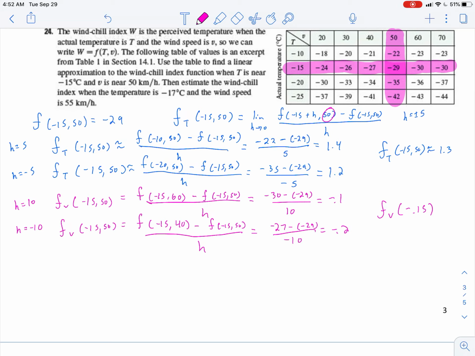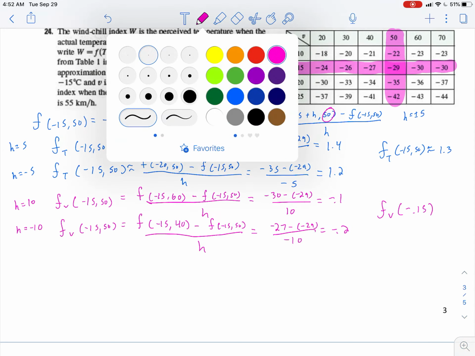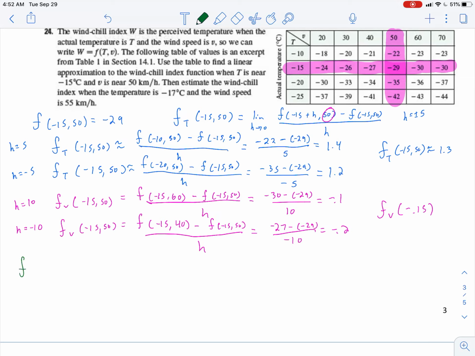Based off of this, a linear approximation to the wind chill index function is going to be given as so. So let me change again. So our function f, let me lowercase that v a little bit, capital T of v is approximately, and so we're going to take our value at (-15, 50).